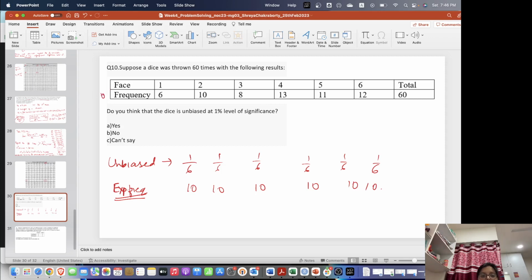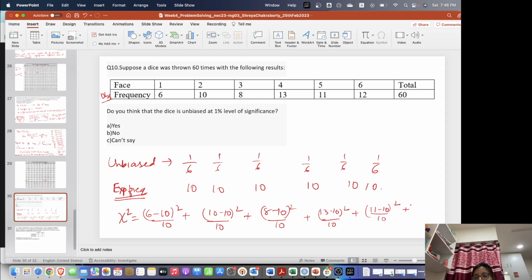So now we have the observed frequency and the expected frequency. So the chi-square statistic will be calculated as (6 minus 10) whole square by 10 plus (10 minus 10) whole square by 10 plus (8 minus 10) whole square by 10 plus (13 minus 10) whole square by 10 plus (11 minus 10) whole square by 10 plus (12 minus 10) whole square by 10.